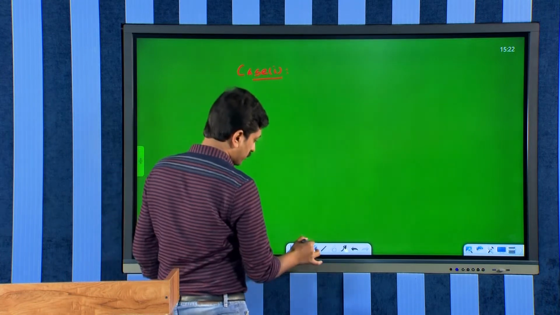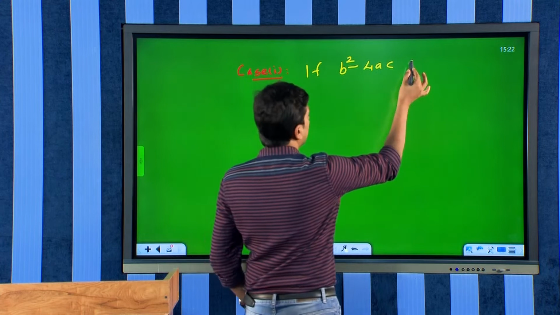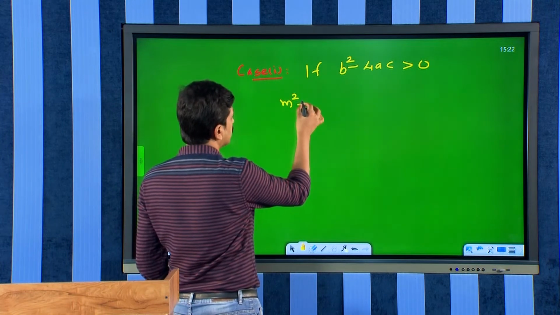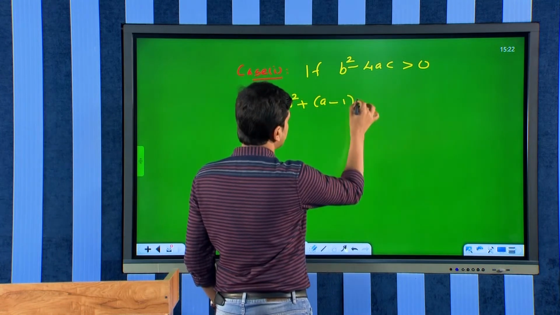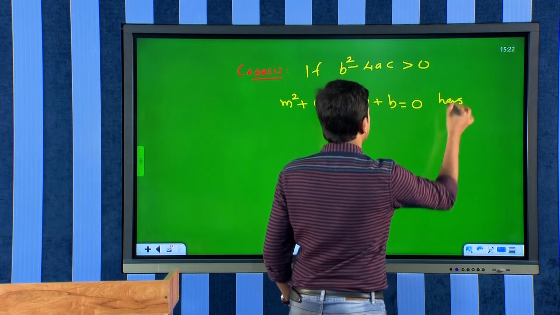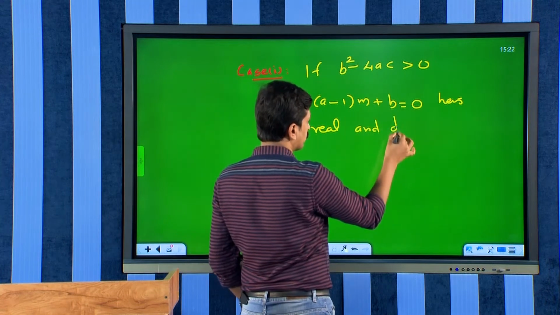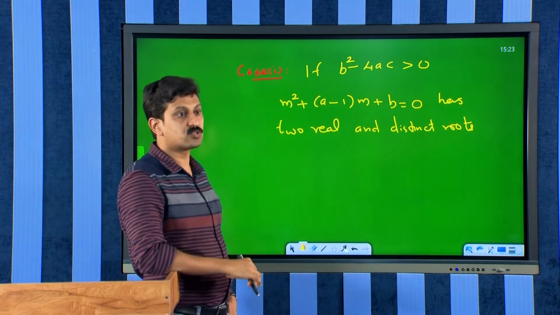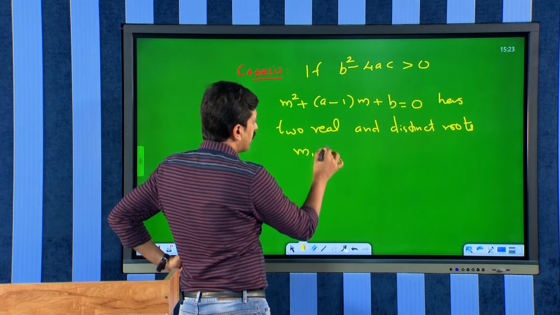Consider case 1: if the discriminant b square minus 4ac is greater than 0, then definitely the equation m square plus (a minus 1) into m plus b equal to 0 has two real and distinct roots, and we will say the roots are m1 and m2.